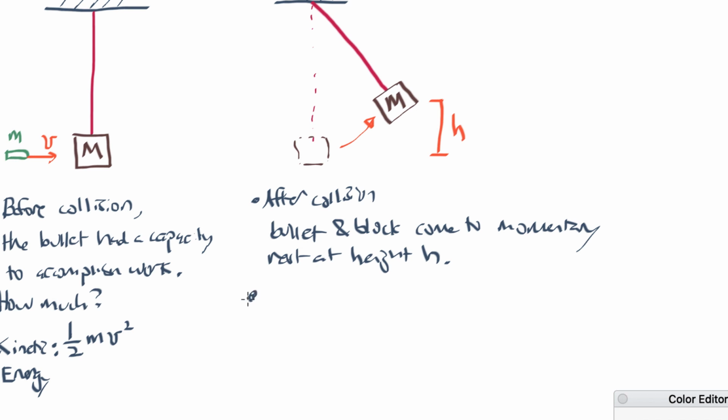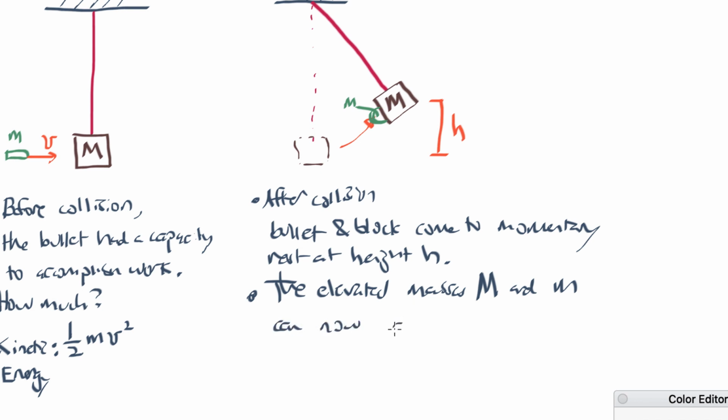And now the important thing to keep in mind is that the elevated masses, which we could call big M, and little m is lodged in here too, so here's our little m, which is lodged in there, can now, in principle, do work.